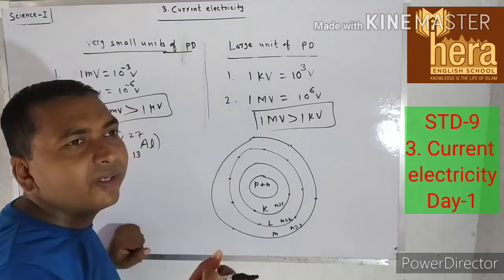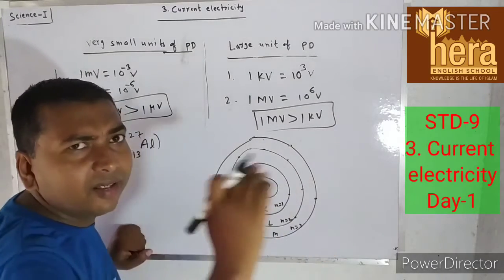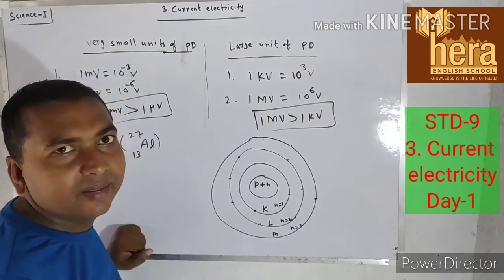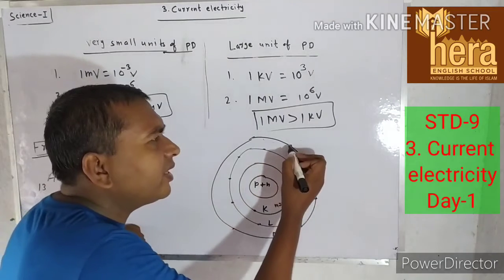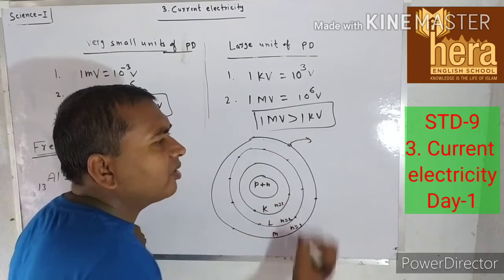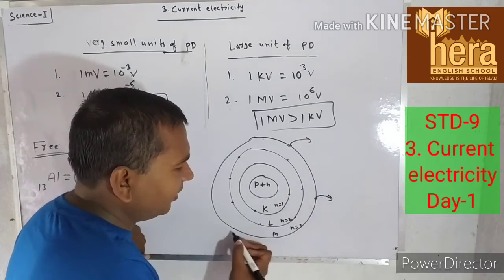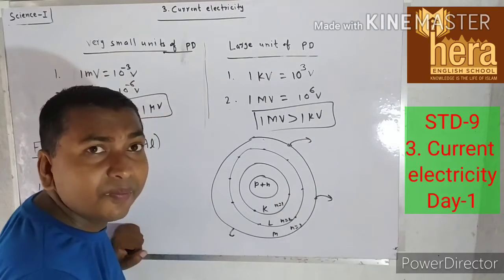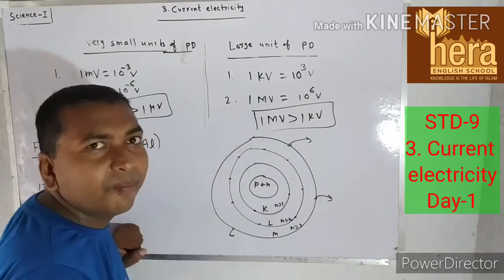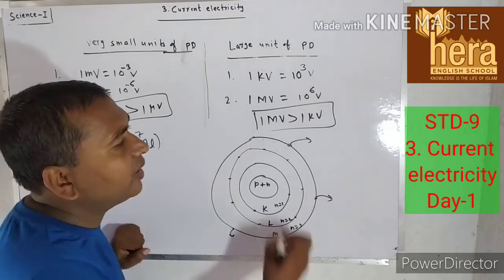If you apply a potential difference, then these free electrons can escape from this orbit and they become free. So the outermost electrons of a metal are known as free electrons.